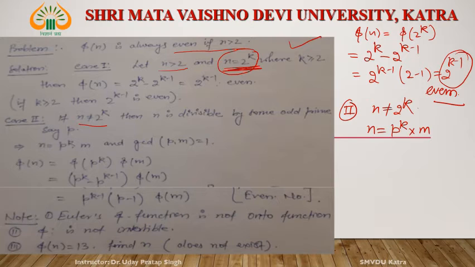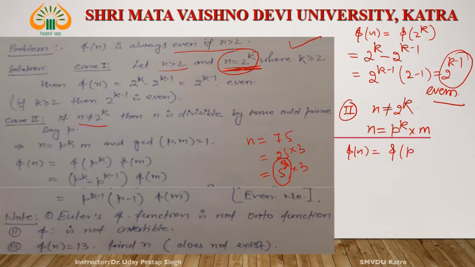Suppose one example that n is equal to 75. What is this? This is equal to 25 into 3. And what is this? This is equal to 5 to the power 2 into 3. Means p to the power k, p means prime number, 5 is a prime number, p to the power 2 into 3. Now, what is phi of n?